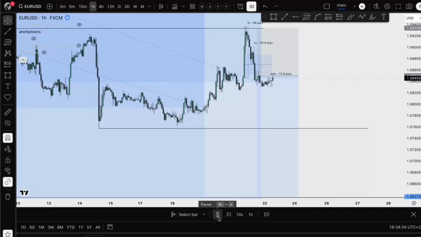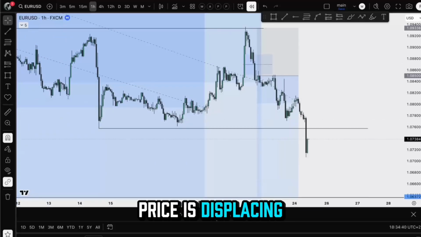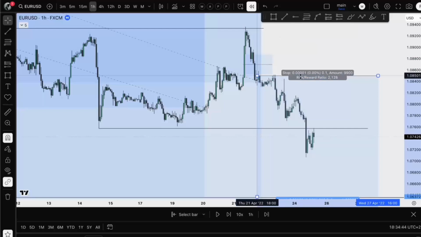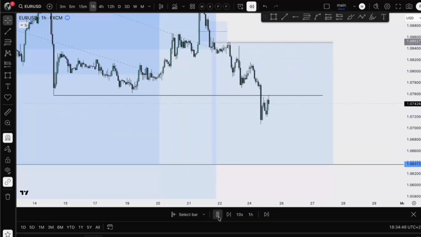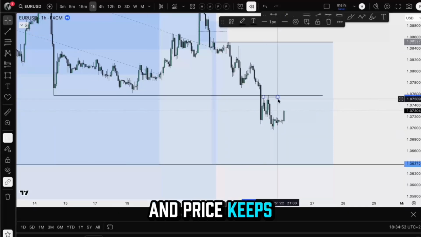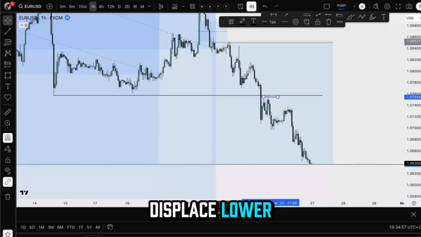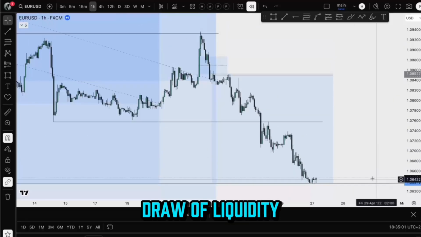So price is displacing lower. Now our stop loss will be moved to break even, and price keeps making new manipulations to displace lower till we hit the draw on liquidity.